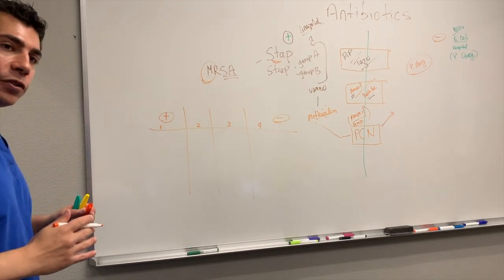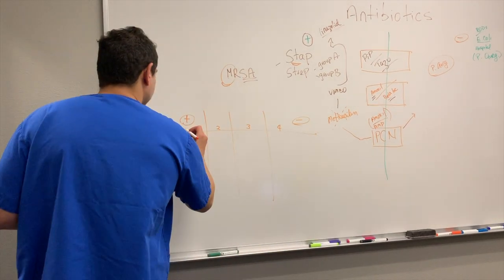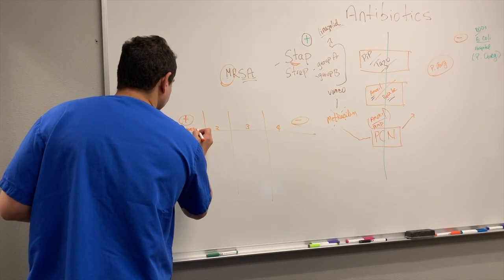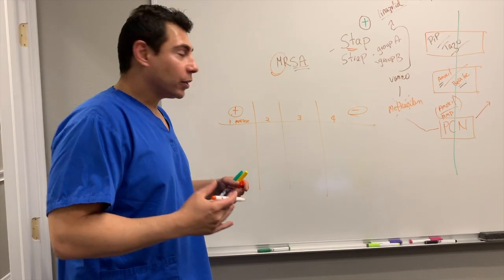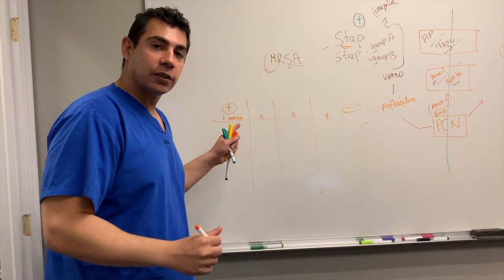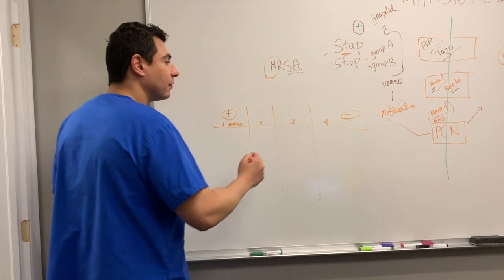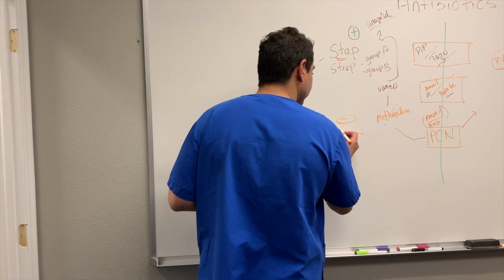And the first generation, like let's say Keflex, covers more. So cephalosporins go from first generation to fourth generation. The first generation covers more gram positives, correct? And then the fourth generation covers more gram negatives.